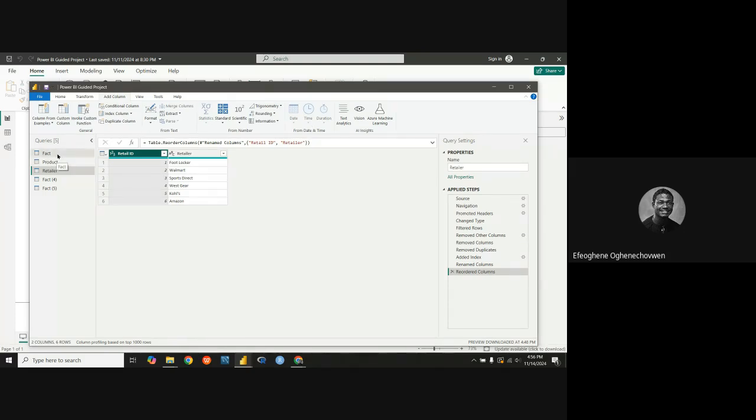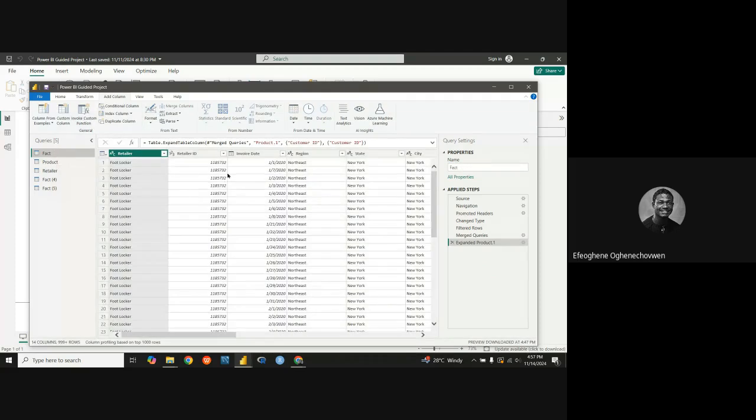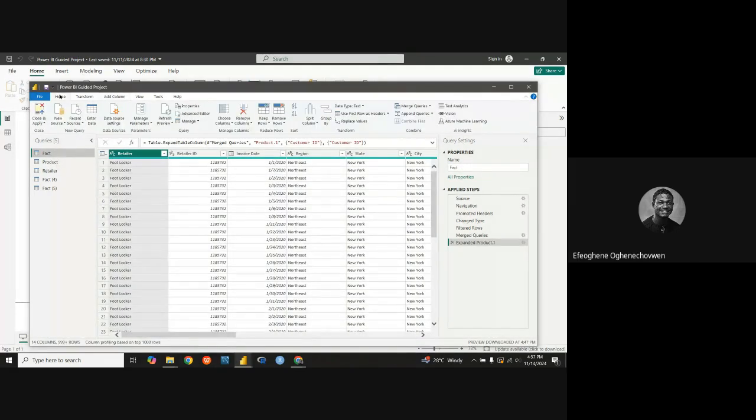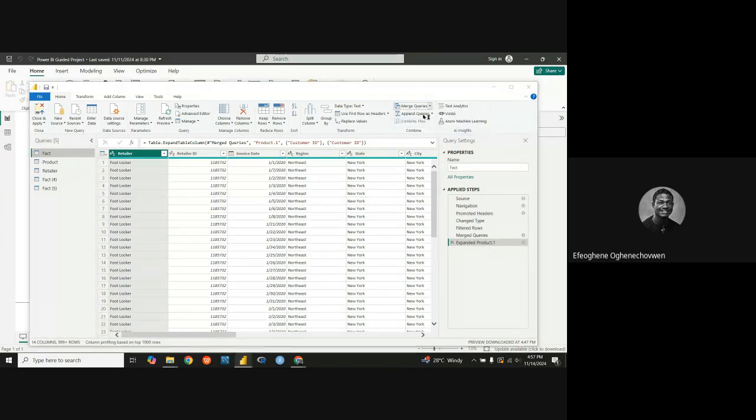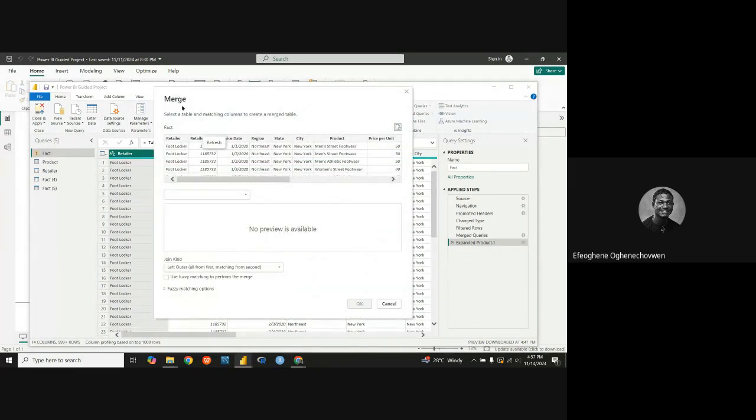So to create this link, I'm going to my fact table now and click on my home tab. Look at merge query. I click on this drop down. I click on merge query. All right, so it gives me this tab, fact table.